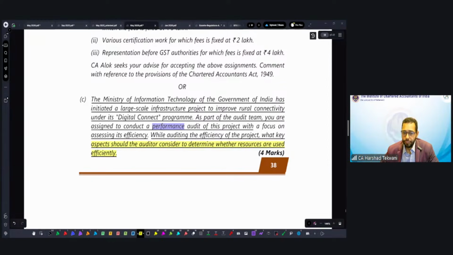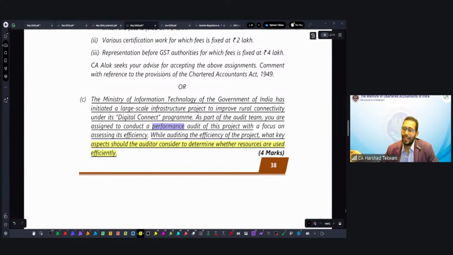Then whether this particular program is being managed efficiently. Are there any operating procedures? If yes, are these operating procedures followed efficiently? Whether the objective of this program is met, because one part is that you should meet the objective also.